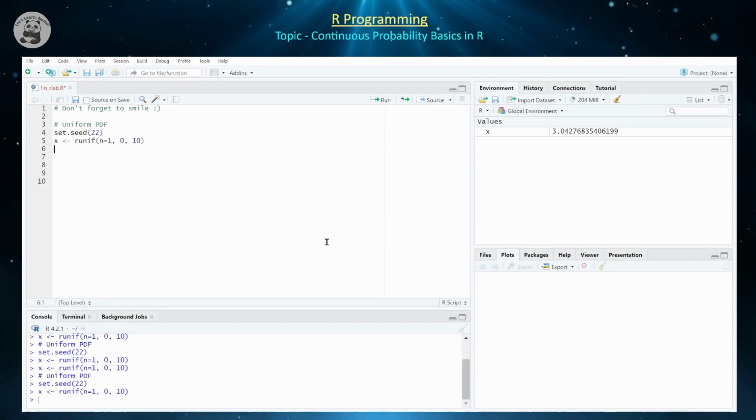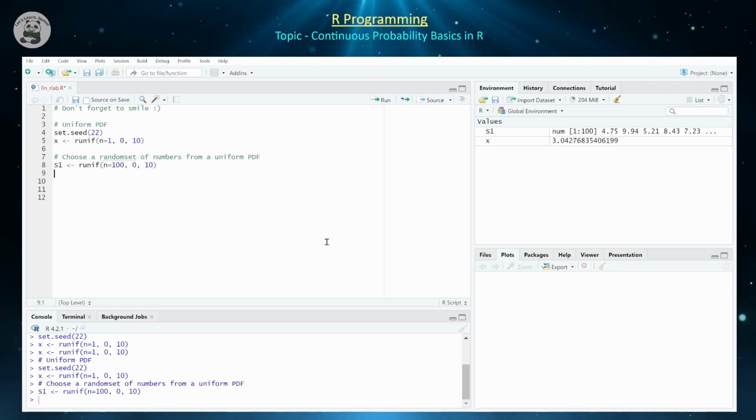So now let us choose a random set of numbers from a uniform distribution. Let's assume that we want to choose 100 values from the interval 0 to 10.